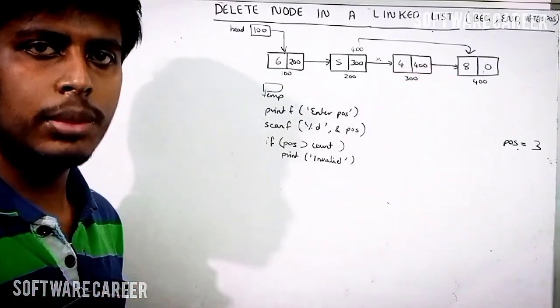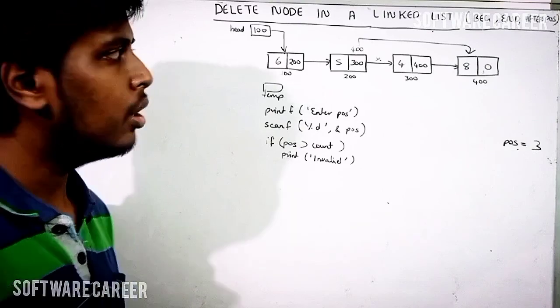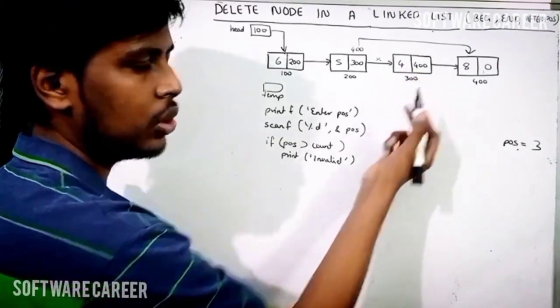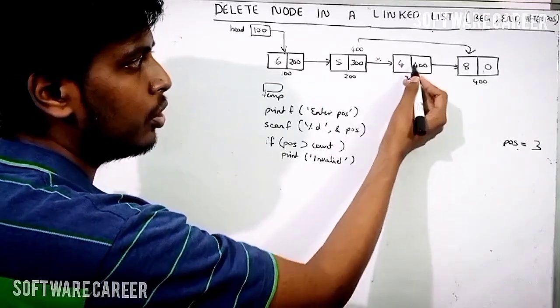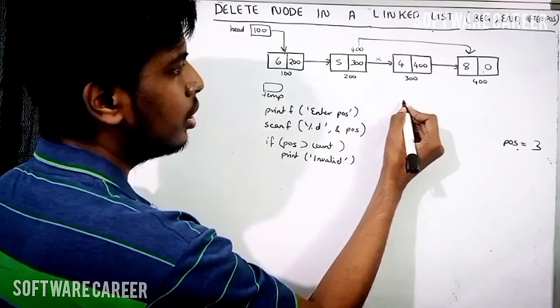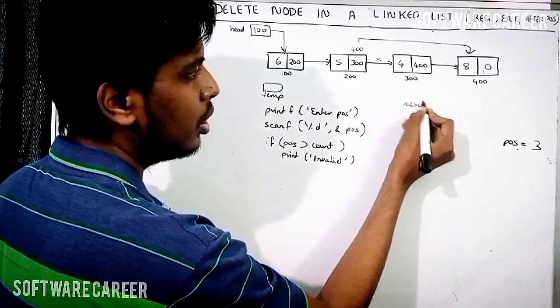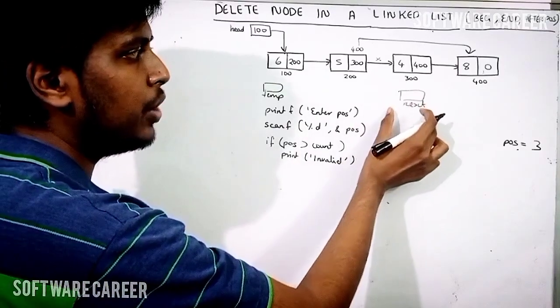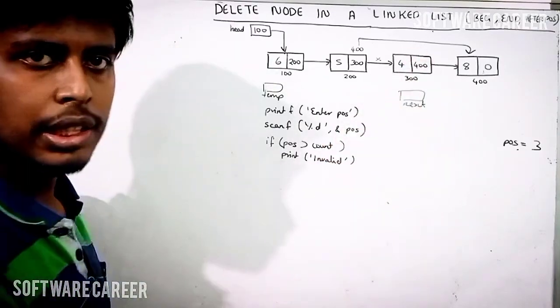Now you should remove it from memory. How to remove? For removing this from memory, you need a pointer to access this node, but there is no pointer for this node. So I should create another pointer called next node, and this pointer should point to this node. Then if I write free next, this node will be deleted.